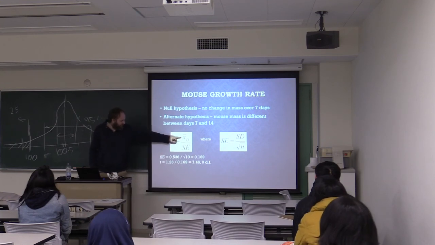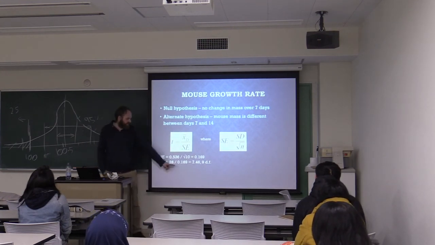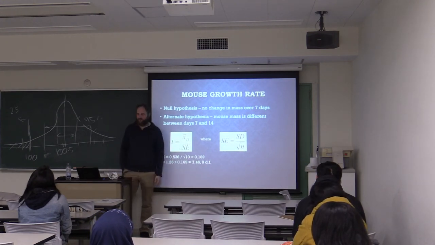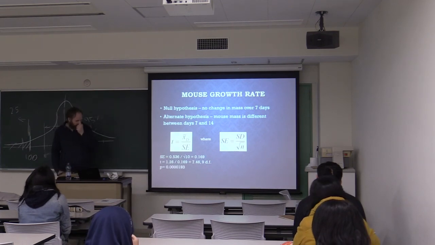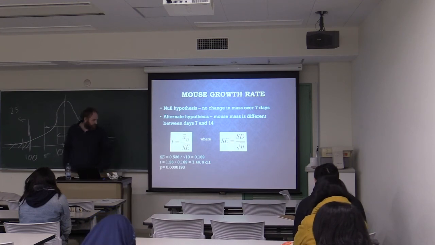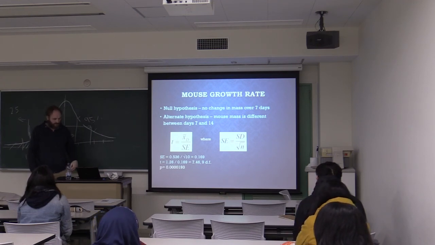Our t-value is going to be 1.26 divided by 0.169, and this is going to give us a t-value of 7.46 with 9 degrees of freedom. Now, we're going to stick that into our Excel function, and it gives us a p-value of 0.0000193, which is pretty small.